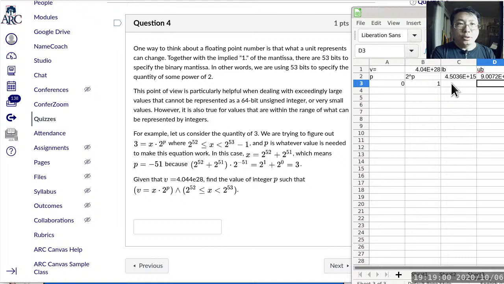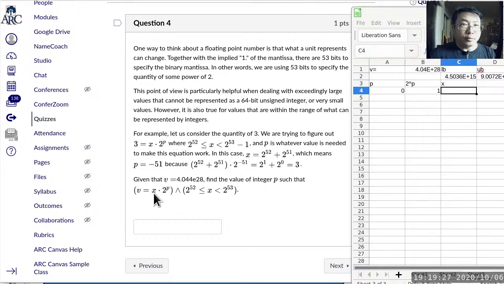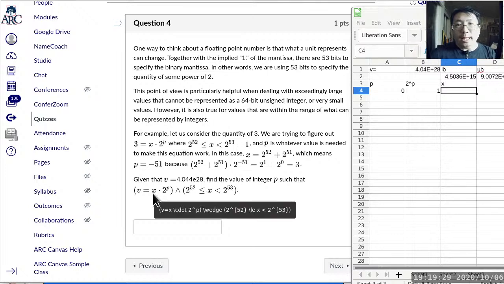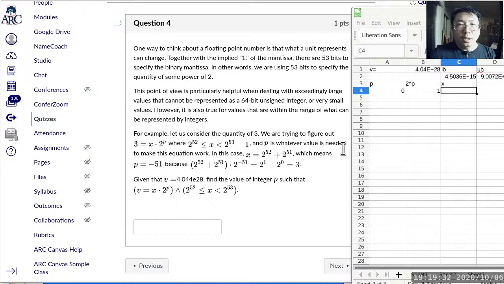But now we want to see if x satisfies the bounds, so we have to solve for x. We have to move things around a little bit. Cut, paste, there we go. Knowing what 2 to the power of p is, we can just go ahead and solve for x, because we know what p is.